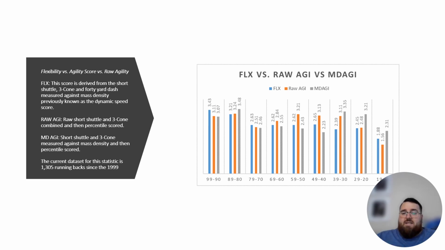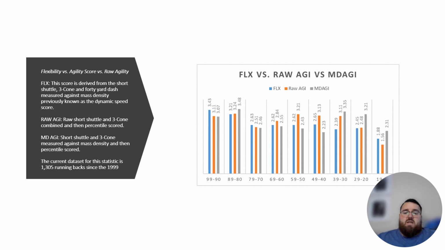And of course, when you add mass density into it, it gets really wonky, in terms of guys with 39 and 20 percentile mass density agility typically are about the same as guys with 80 percentile mass density agility for their size.